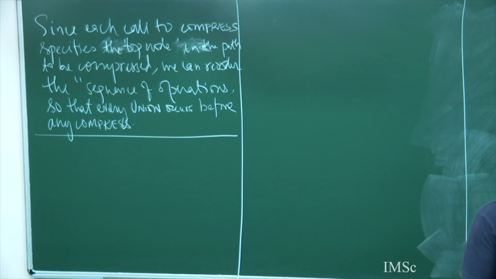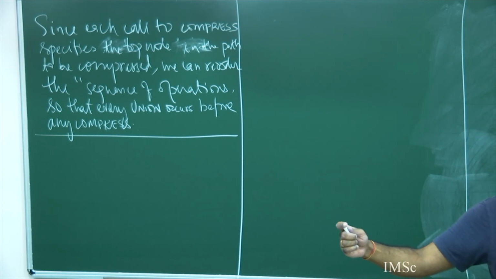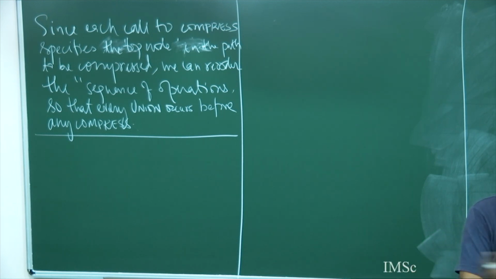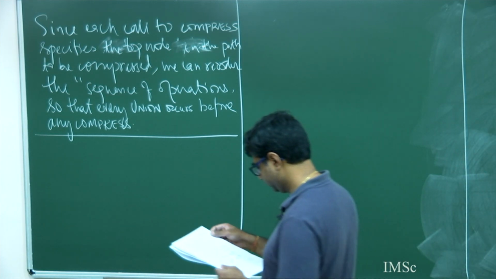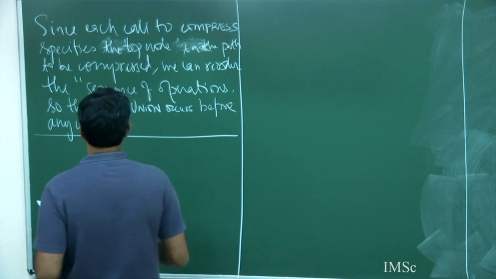What does path compression do? It just changes a certain number of pointers, basically the pointers from each node on the path to the top node. That's it. So if I can upper bound the total number of operations in terms of the total number of pointers changed in the algorithm, we will be happy. If I have an arbitrary sequence of events, and I can reorder it so that this quantity doesn't change, then we are very happy.